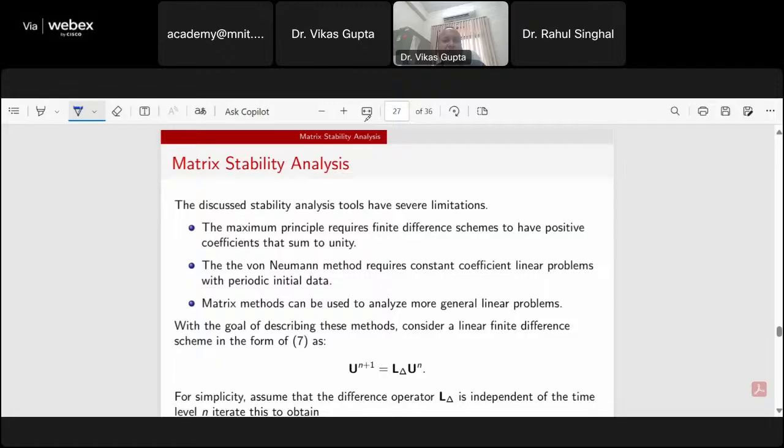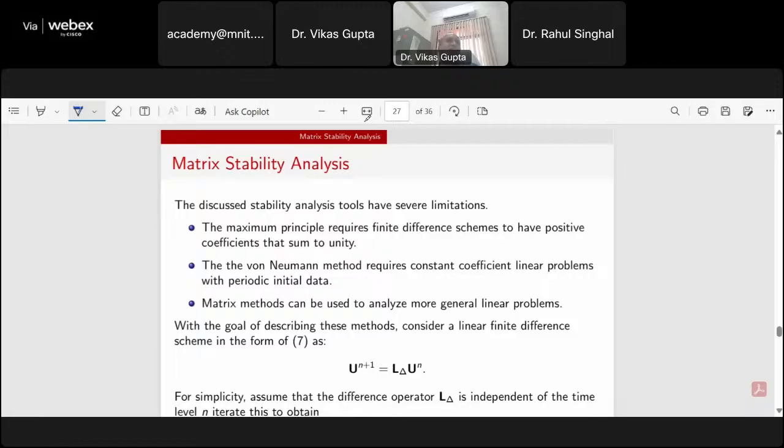For example, the maximum principle requires the finite difference scheme to have positive coefficients whose sum should be 1. In practice, for many finite difference schemes, that kind of condition is very difficult to satisfy. Also, the von Neumann stability analysis method is applicable to constant coefficient linear problems only, with periodic initial data.